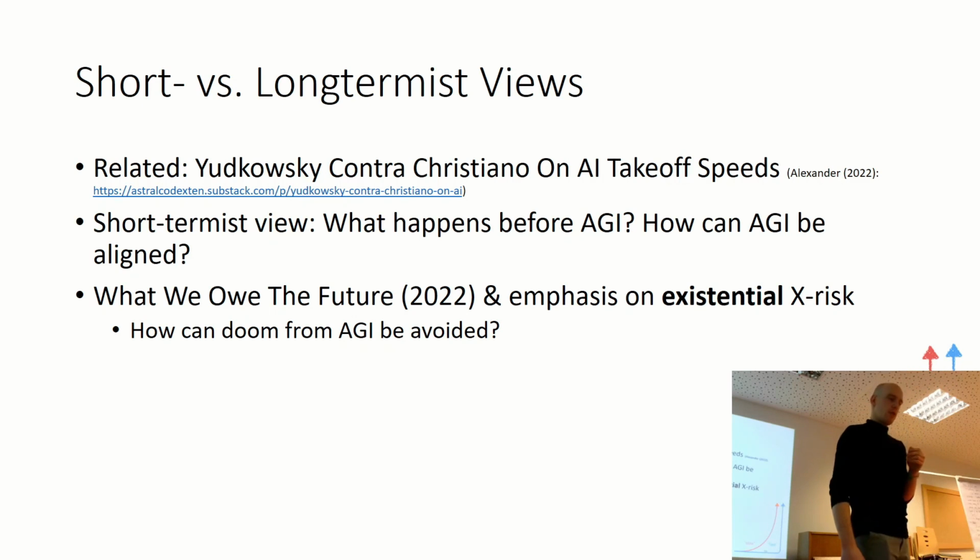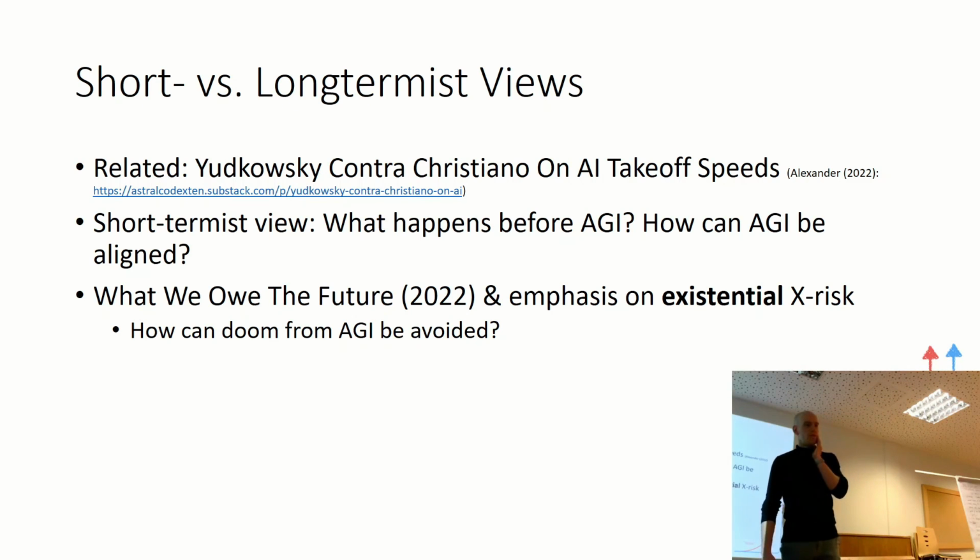Now, the last thing I want to talk about really is the short versus long-termist view. And there's an interesting discussion that's been happening last year between Eliezer Yudkowsky and Paul Christiano, which is also interesting just to read. There hasn't really been a convergence in 2022 on whether there's a slow or a fast takeoff.